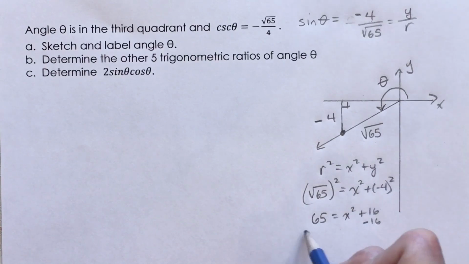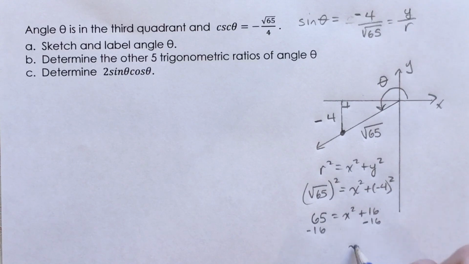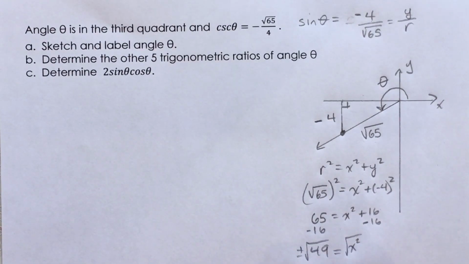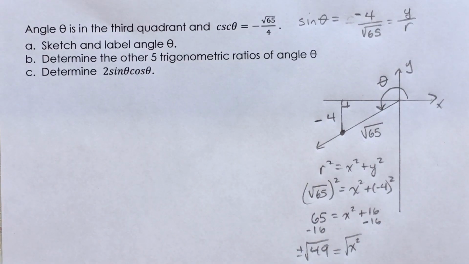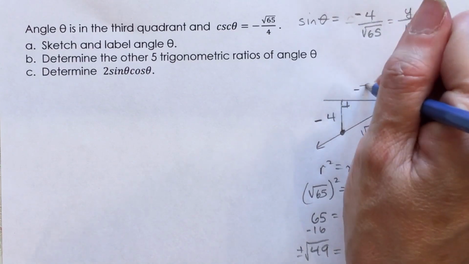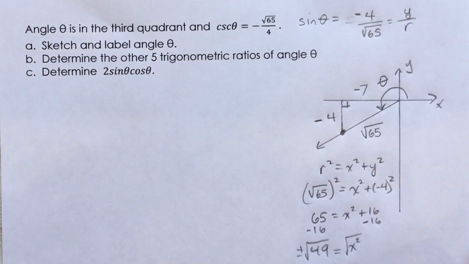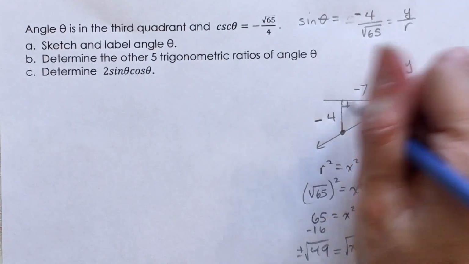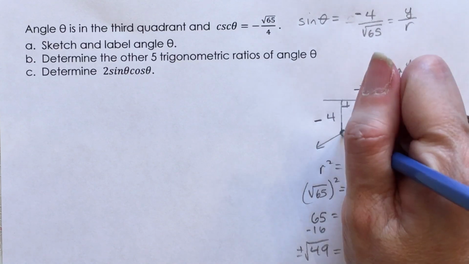Subtract 16 on both sides, we get 49. So then it's up to us to figure out whether it makes sense for x to be positive 7 or negative 7 according to the diagram. It's negative 7, because from 0, 0 we would go left 7, or 7 in the negative direction on the x-axis, and down 4.